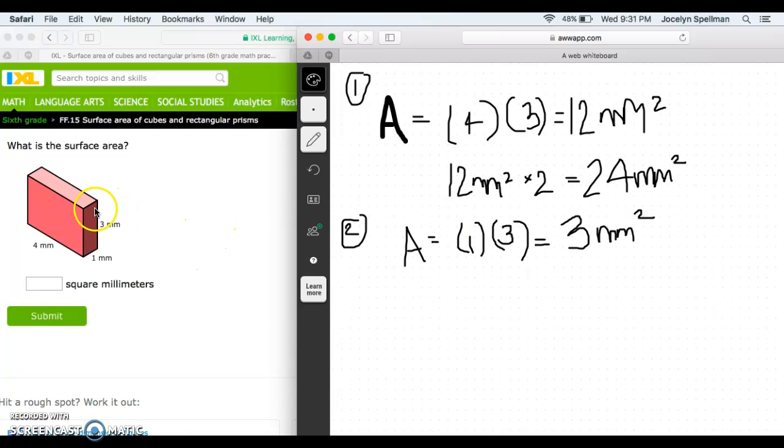And because I know I have two sides that are that same length, I'm going to multiply this by 2. And so my area for the sides that are this size is 6 millimeters squared.